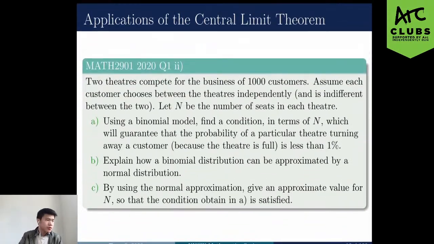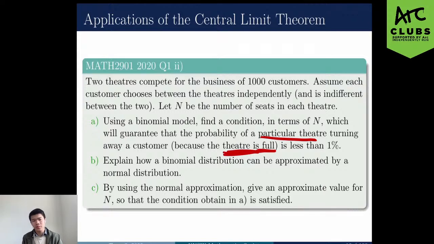So we've got a nice example from the MATH2901 exam in 2020. We've got two theatres, they're competing for the business of 1,000 customers, and each customer chooses independently and is indifferent between the two, right? And we're basically using a binomial model to guarantee that the probability of a particular theatre turning away a customer, because the theatre is full, is less than 1%.